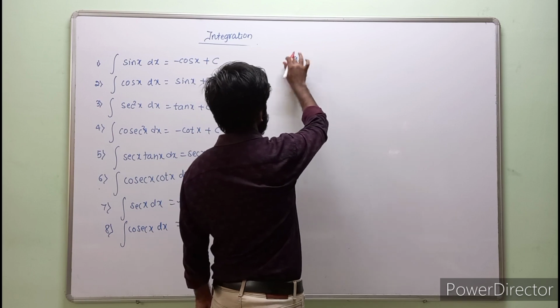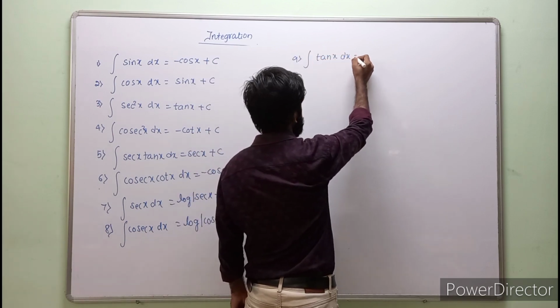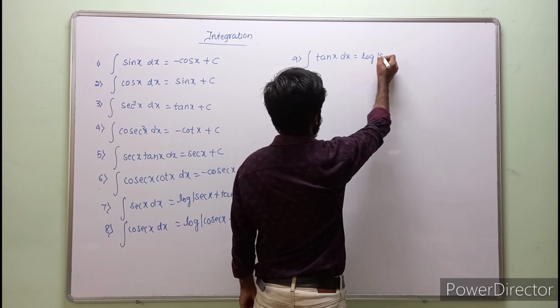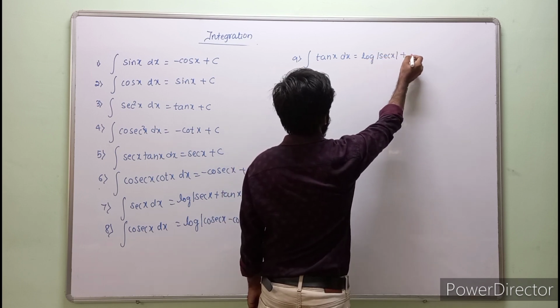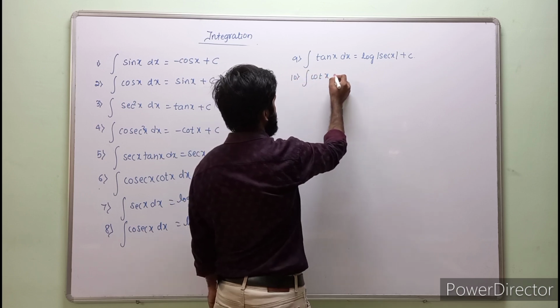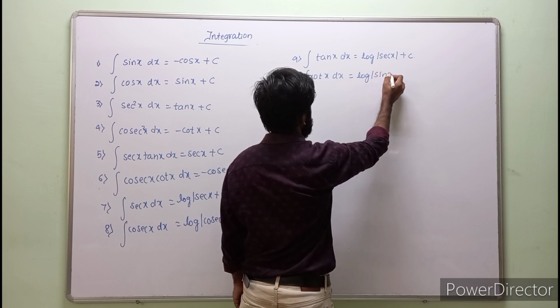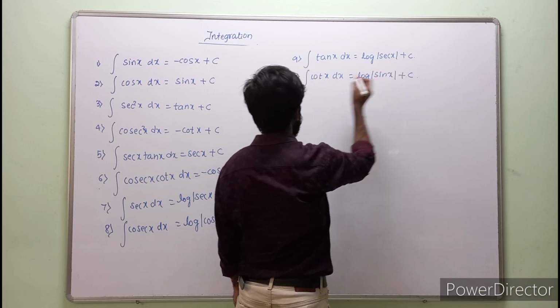Now let's see the ninth one. Integration of tan x dx is nothing but log of mod of sec x plus c. Tenth one, integration of cot x dx is nothing but log of mod of sin x plus c.